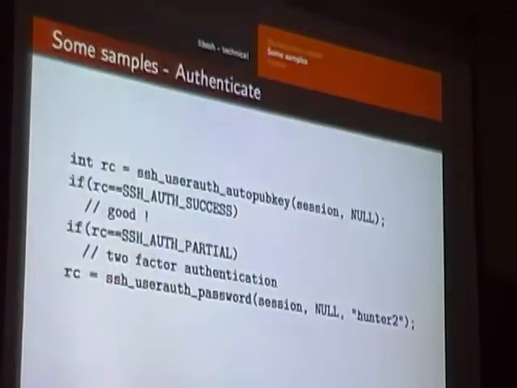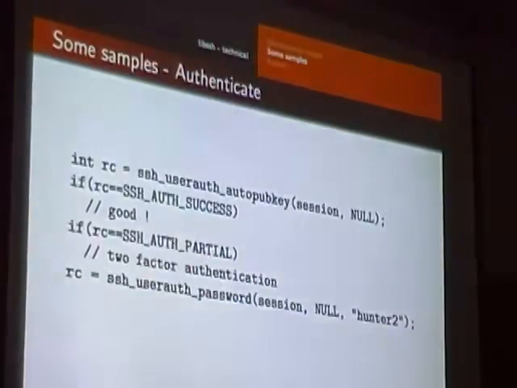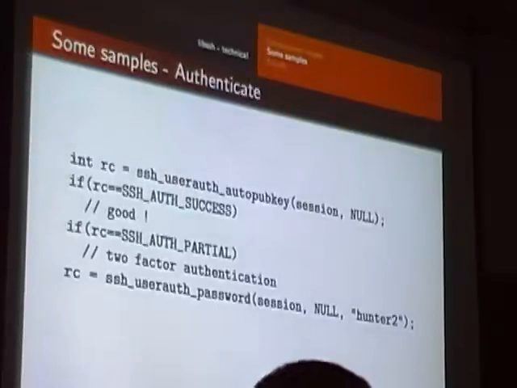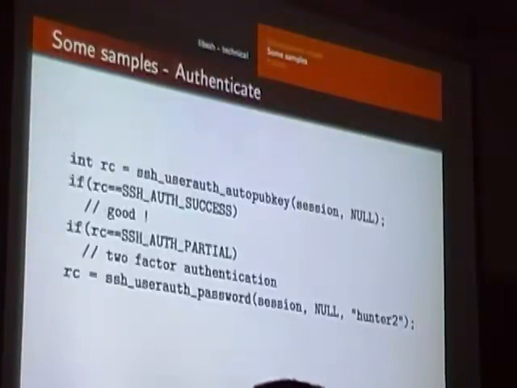Now, you need to authenticate. There is an interesting function that does everything for you: ssh_userauth_autopubkey, which simply tries all the public keys in your repository and tries to connect using them.